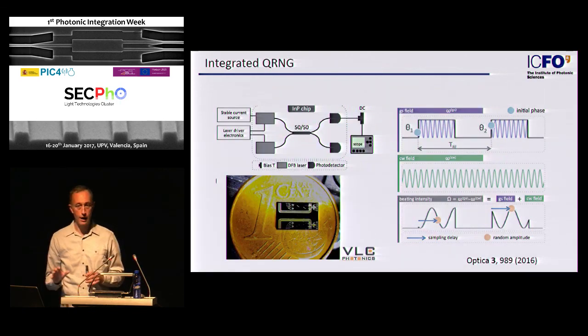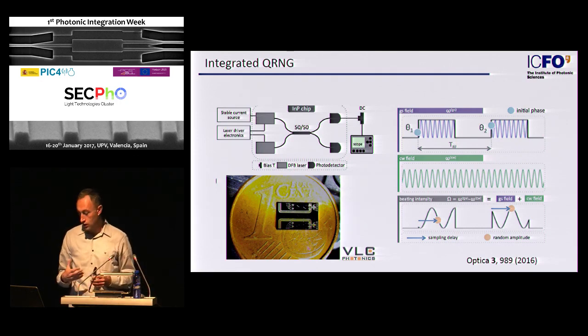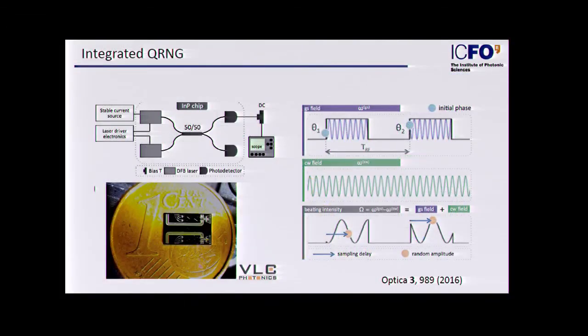So now, where we are, we want to integrate the concept, right? And so with VLC, this is one of the schemes that you can use. In integrated optics, it would be difficult, because I told you that you've got to stay below threshold long enough to forget the stimulated emission photons generated in the previous pulse.